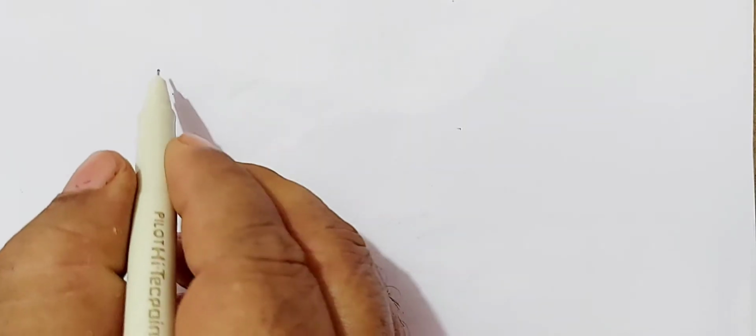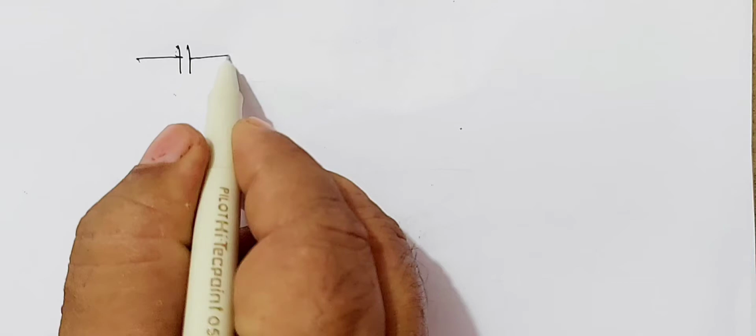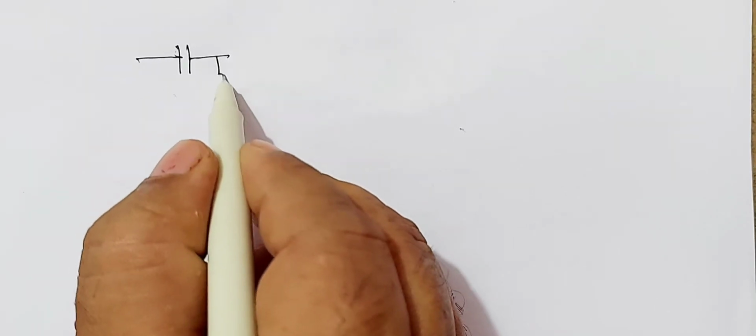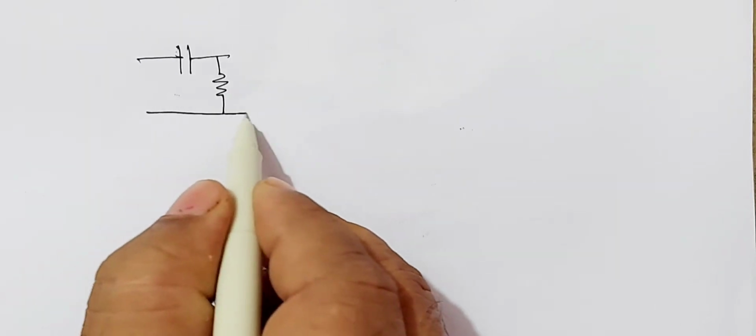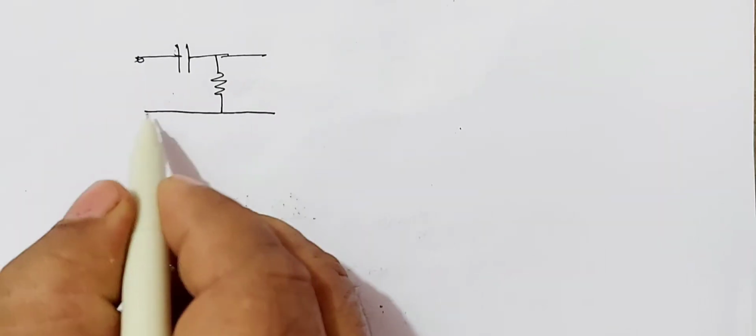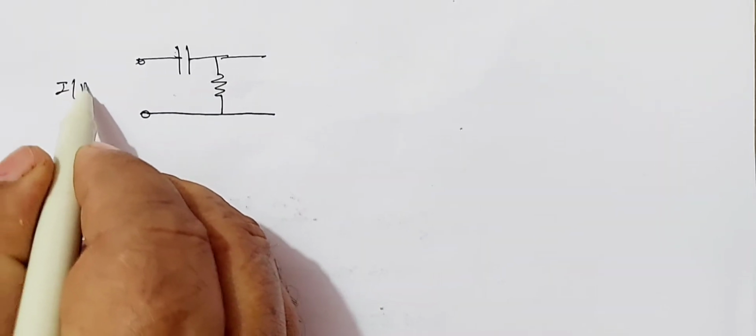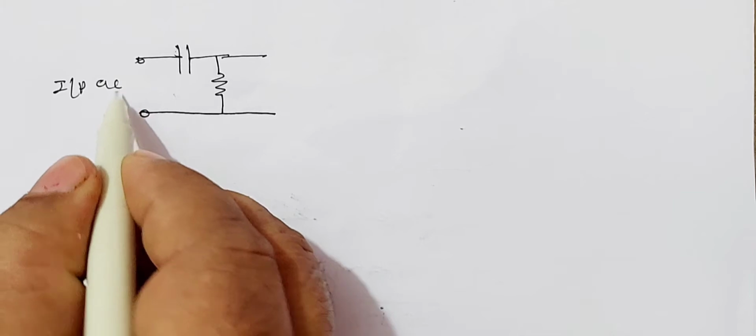How do you get a filter circuit? It's a very simple circuit. See this figure. A capacitor is connected in series. A resistor is connected in parallel to the input voltage. This is our input voltage, our AC voltage.